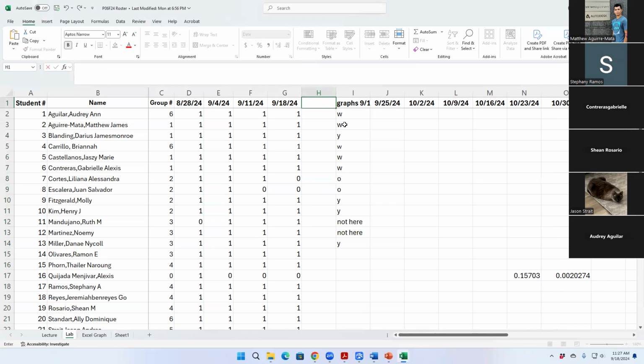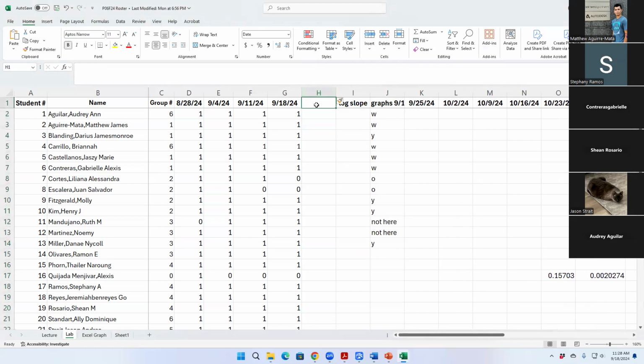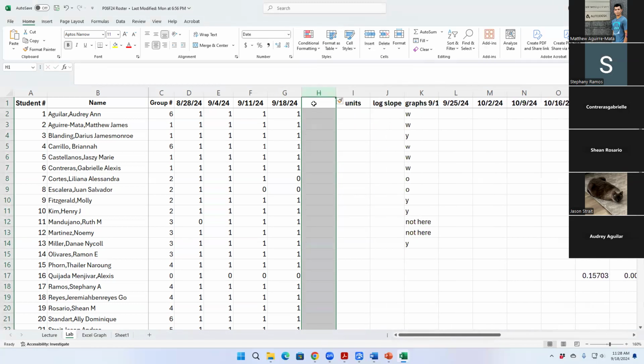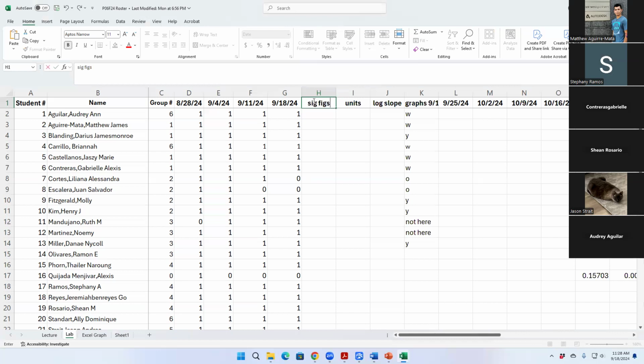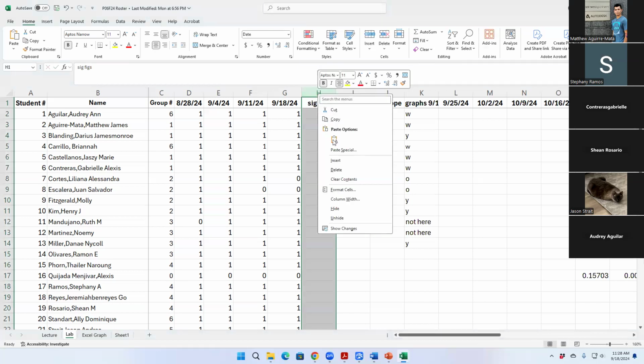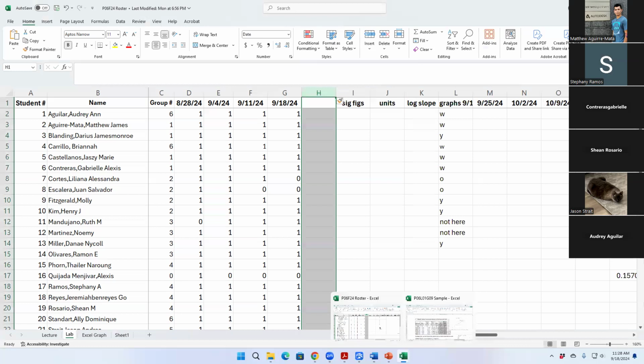So you have the log slope. That's what you have to do, right? And then you're gonna get the percentage difference, okay? Got it. And then you do the units, right? You're gonna do then the sig figs. Then what else we have to do here?